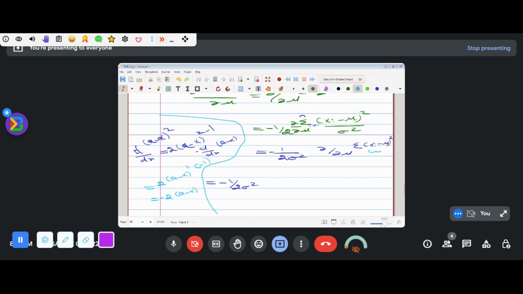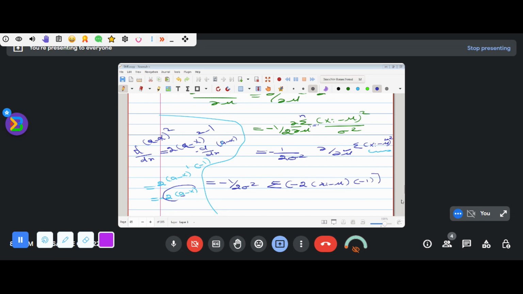Same concept applies here with respect to mu. Here mu has a minus sign, and the 2 is also there. Therefore I apply minus 1 by 2 sigma squared into summation, with a equal to xi and x equal to mu. The derivative value is minus 2 into (xi minus mu) into minus 1.